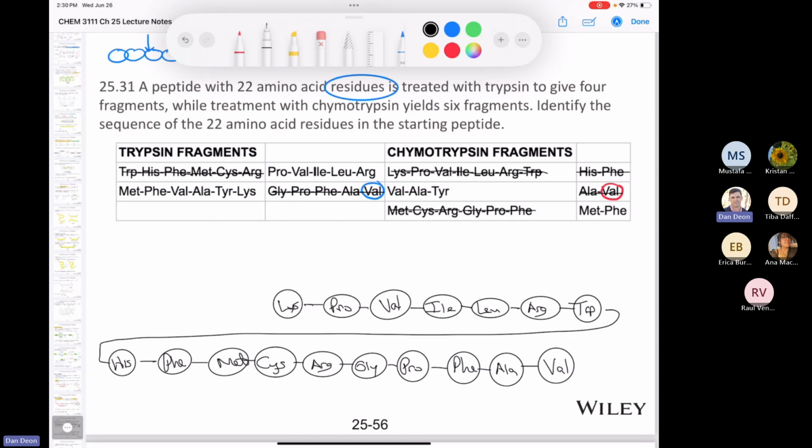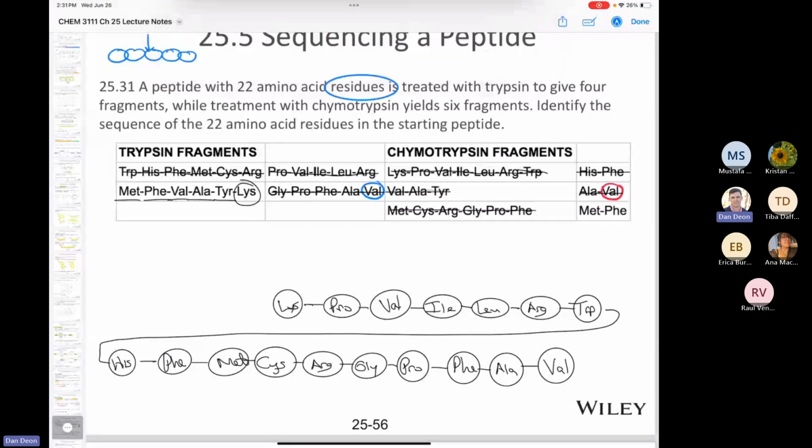So I've got arginine, leucine, isoleucine, valine, proline. Then I have lysine here. This is the only lysine in the entire thing. So I know that after that, it must be tyrosine, alanine, valine, phenylalanine, methionine. And then I'll be able to cross these ones off as well.